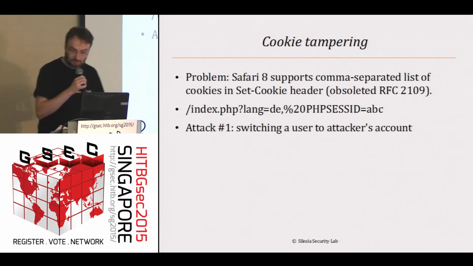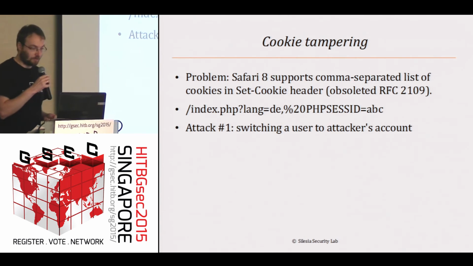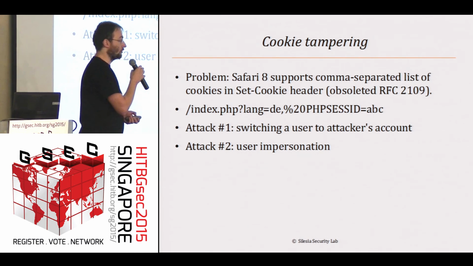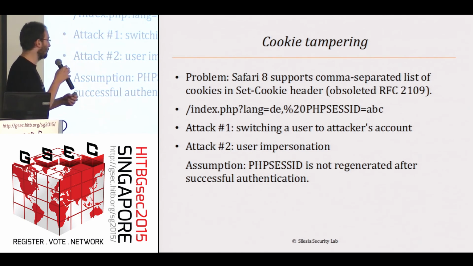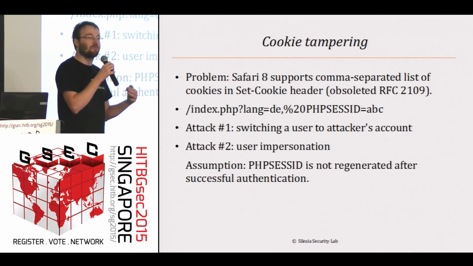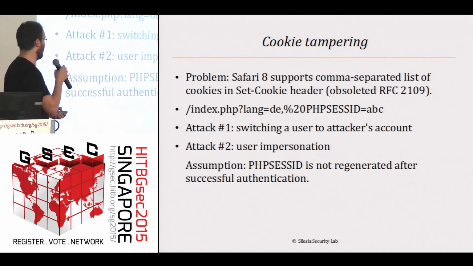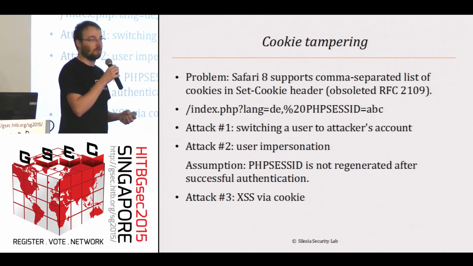What about attack scenarios? Switching a user to another's account, we have already discussed it. We've got also user impersonation, when we chain it with yet another problem like lack of session regeneration, also discussed previously. And we can remotely launch XSS via cookie.